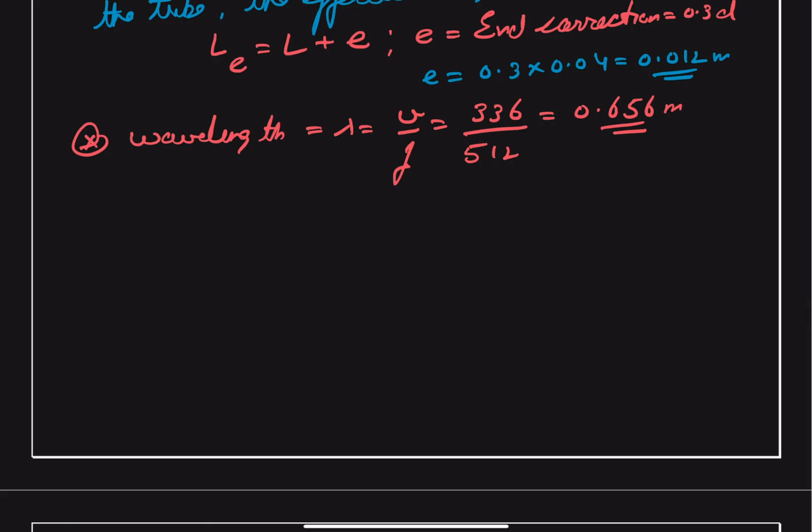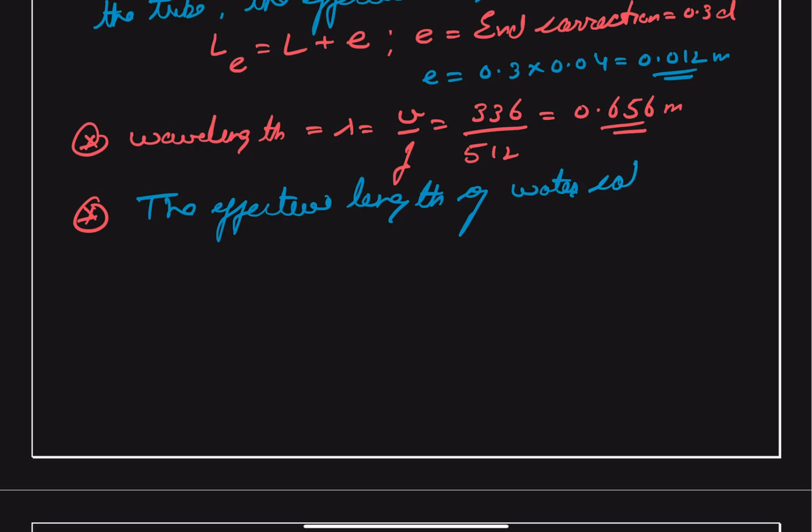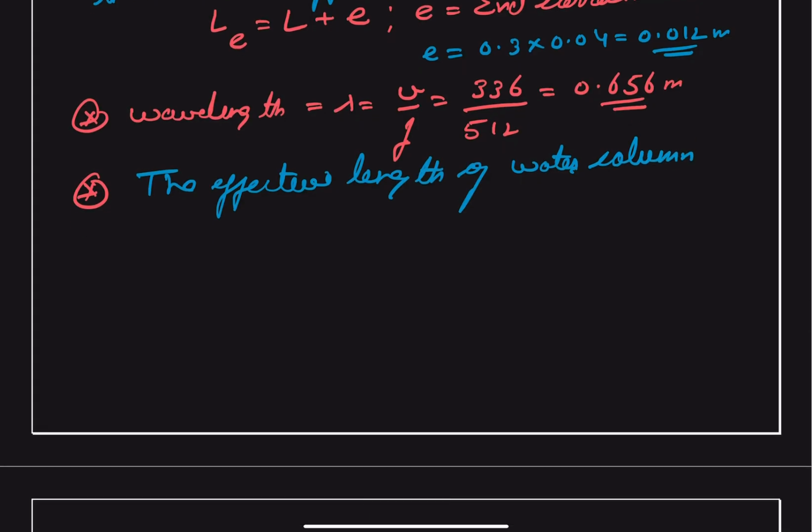Now it is simple calculations. So we can say the effective length of air column, in this case water column, which is our L. Sorry, let me write it.